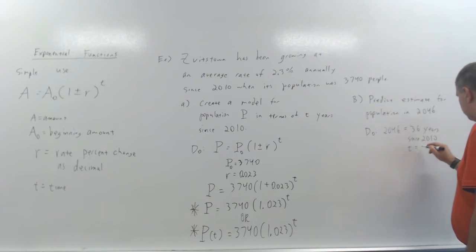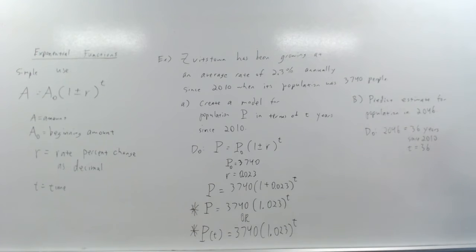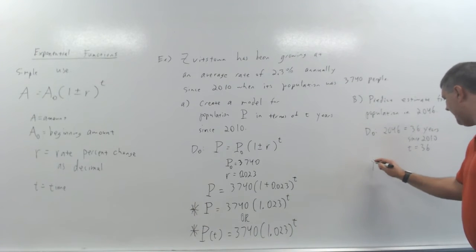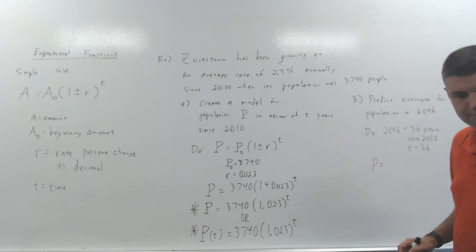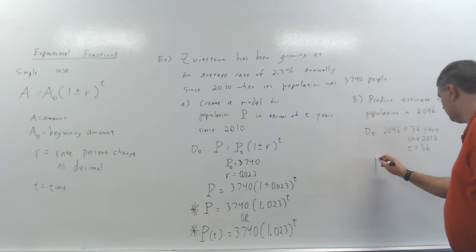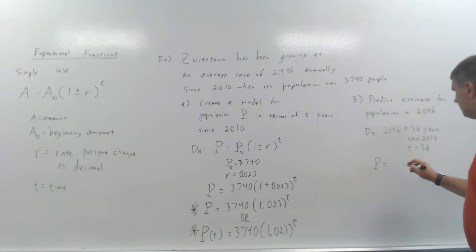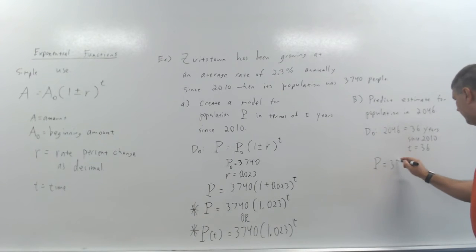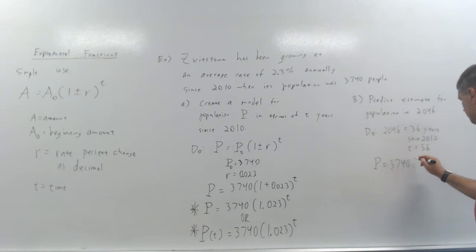So T equals 36. So P equals 3,740 times 1.023 to the 36th power.